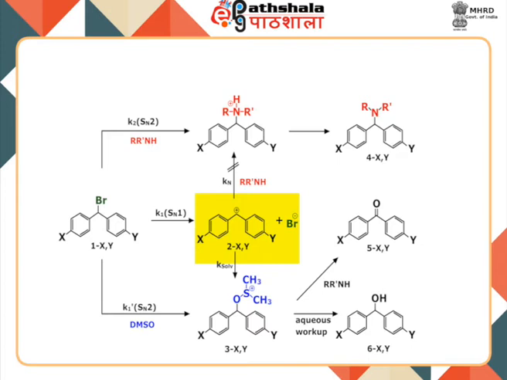That solvated intermediate then reacts with amine to form benzophenones, not the amine derivative, whereas the aqueous workup of the intermediate gives the alcohol via the SN1 pathway.